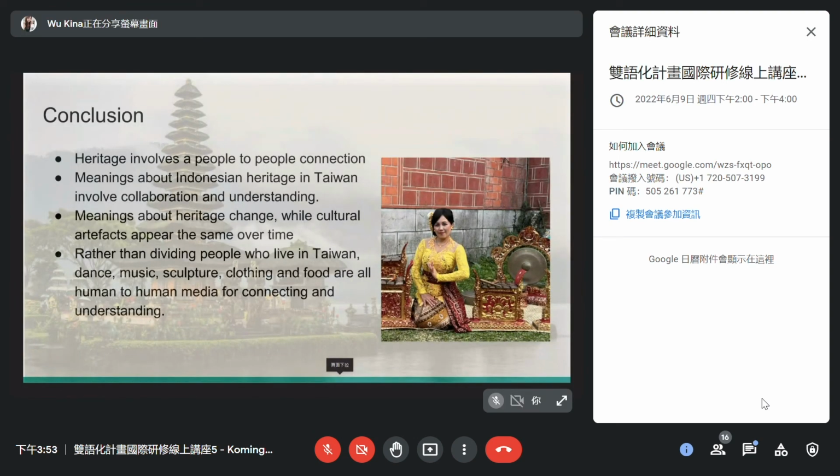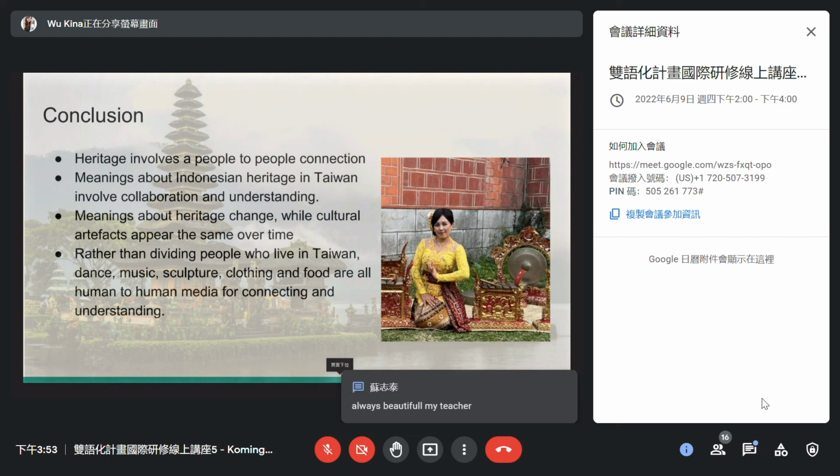From all this discussion today, I conclude that heritage involves people-to-people connection. We have to do more to connect with each other, even though you are in Taipei, Taichung, or Tainan. The more we get together, the more we will be able to interact with other people, not just Indonesian, but also Taiwanese. Indonesian heritage in Taiwan involves collaboration and understanding.